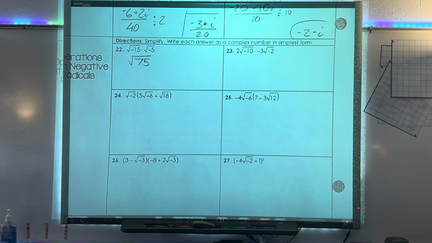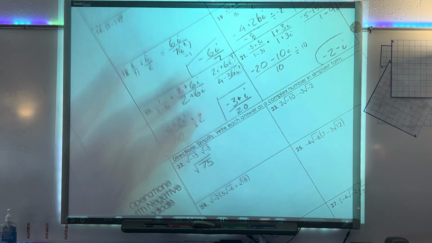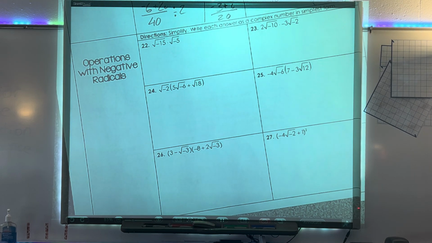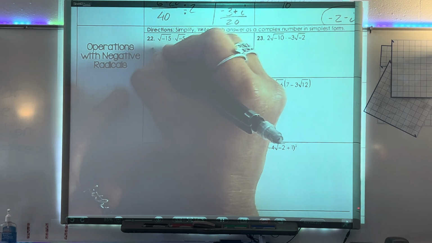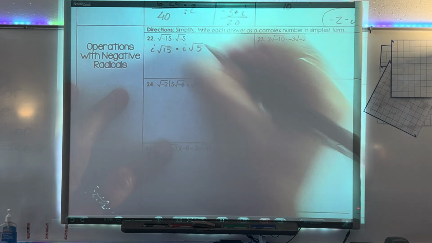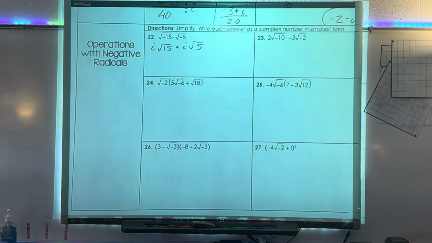Oh, you know what? You can't do it that way. No, you have to take the I out first. I'm sorry. So I square root of 15 times I square root of 5. We have to take it out first.